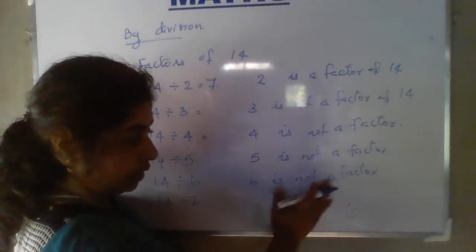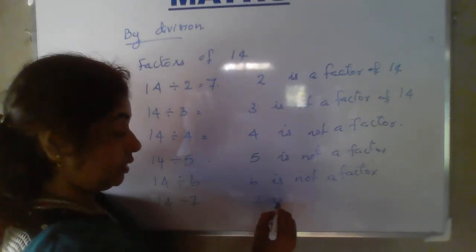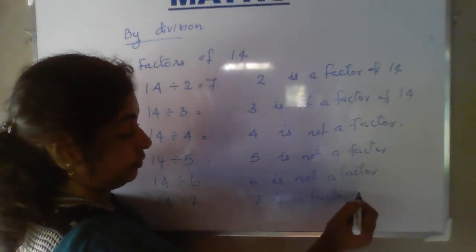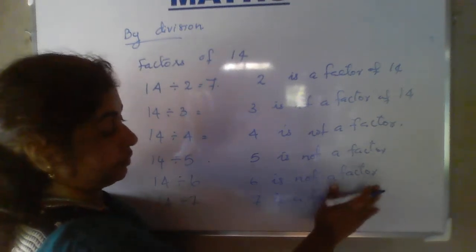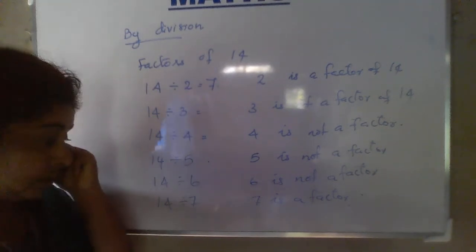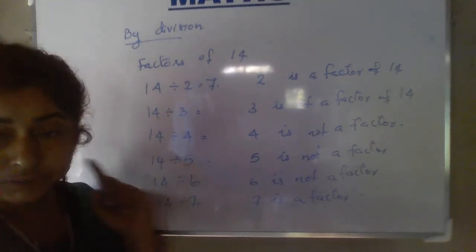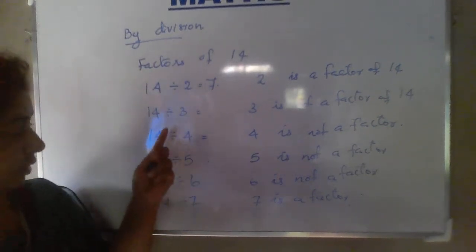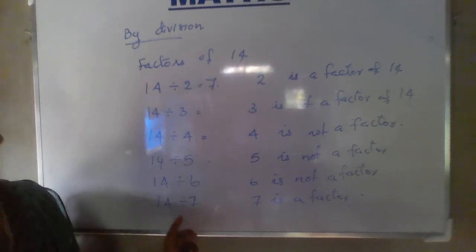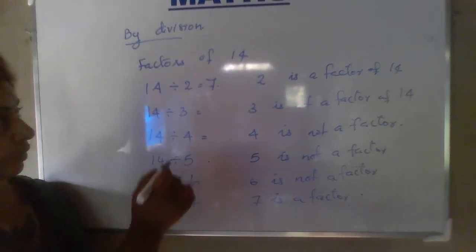So 7 is a factor. Like this, you should check whether each number is a factor of this number. Then here we get 2 and 7 are the factors of 14.